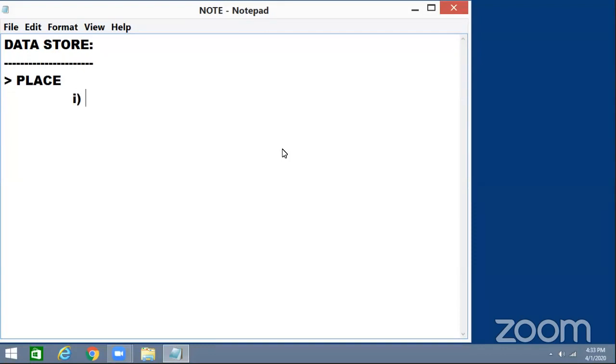So like this, we have some data storages in real time. The first, very basic level, is books and papers. The second data storage is flat files.